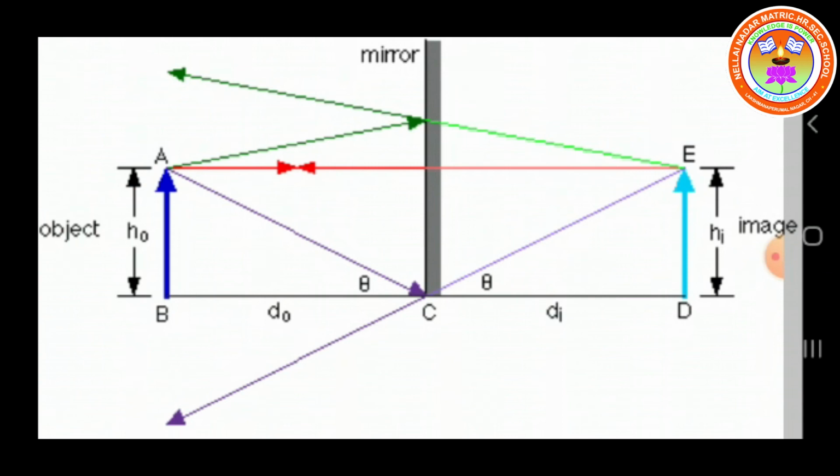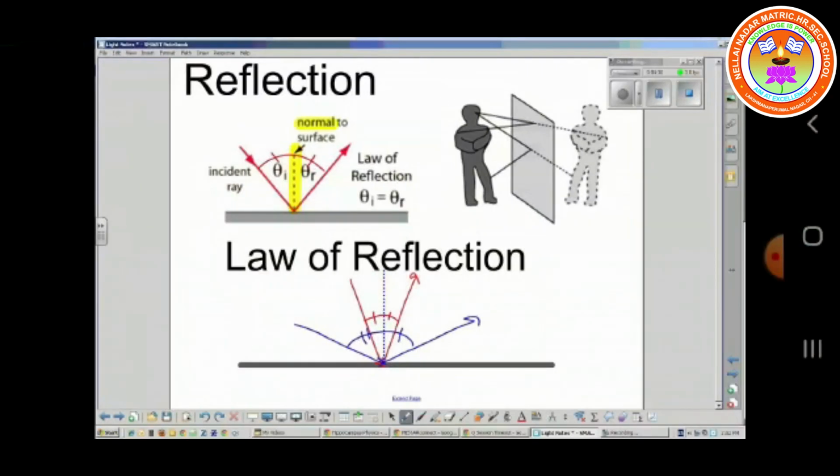What are the properties of an image formed in a plane mirror? The image is upright. The image is virtual. The image is the same size as the object. The distance of the image from the plane mirror is equal to the distance of the object from the mirror. The image is laterally inverted.